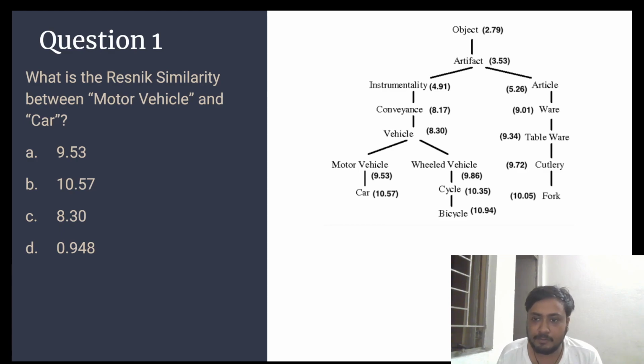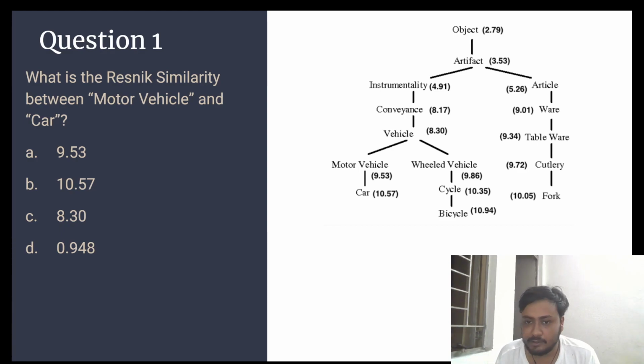The information content at every node is given to you, and now you have been asked to find the Resnik similarity between motor vehicle and car. Would you like to take a guess? You can get this answer directly from the figure.